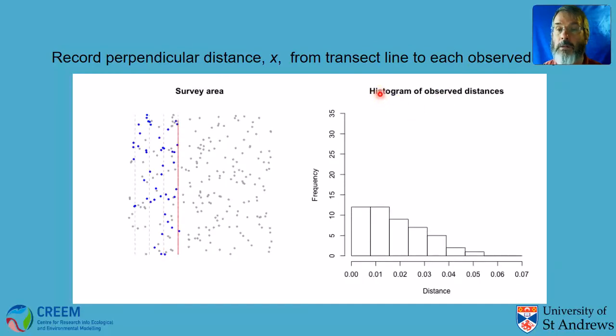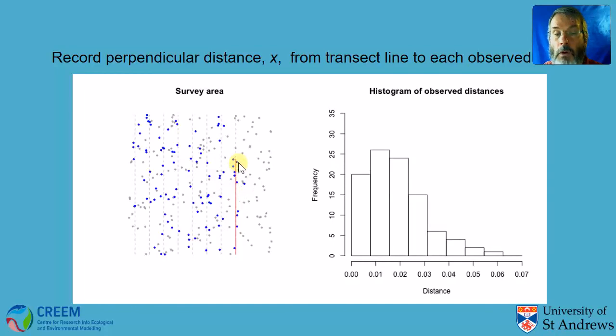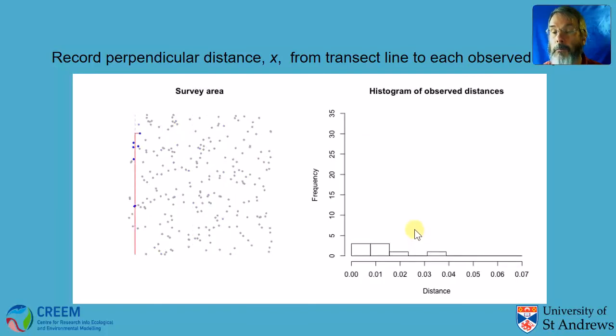Okay. So as this histogram is labeled, it's the histogram of the observed perpendicular distances. All of these small distances are being collated into this graph on the right.